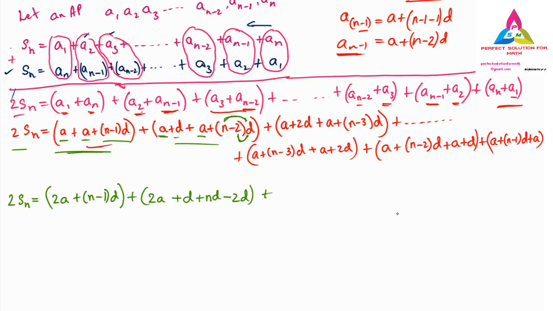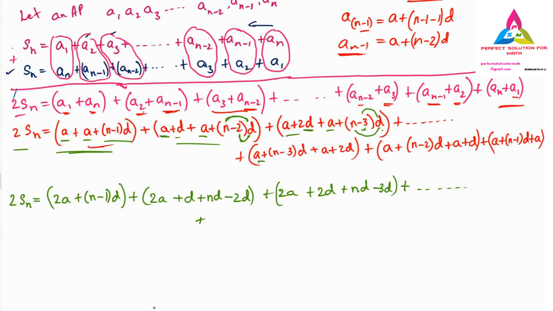So plus, next a plus a is 2a, plus 2d as it is. This 2d I have written as it is. But here this d I have to multiply for this n also, and d I have to multiply for this minus 3 also. So n into d is again nd, minus 3 into d is minus 3d. This also you can put in a bracket, plus next, and so on I have written. Yes, next plus.